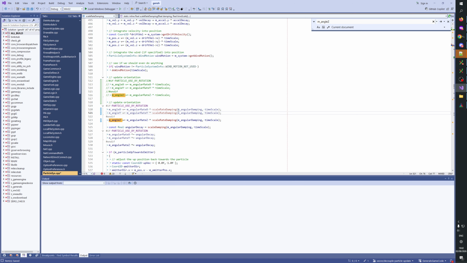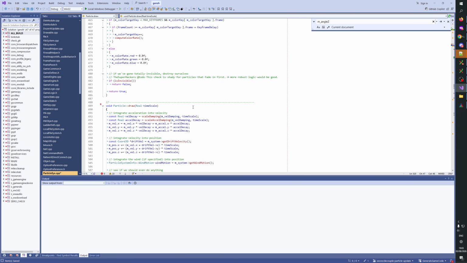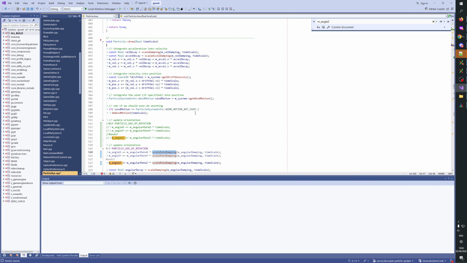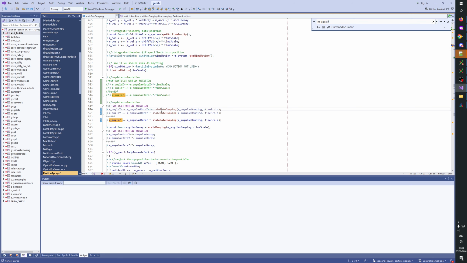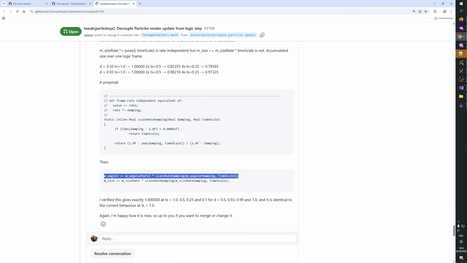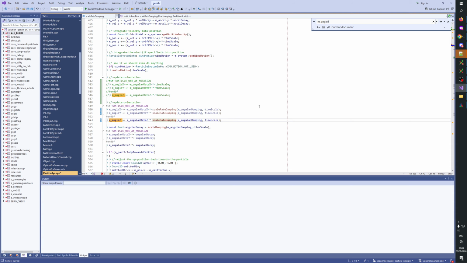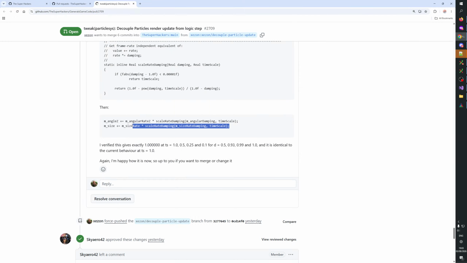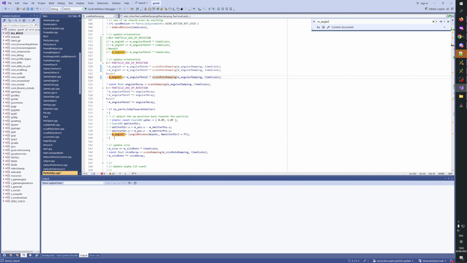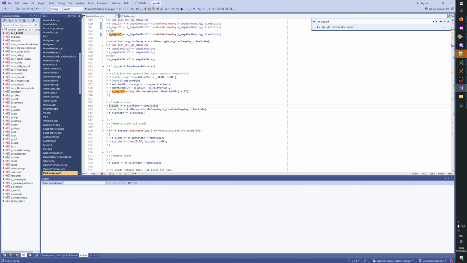Angular damping. Okay, so we have that, and then we also want angular damping. Yeah, and then this. Size plus equal that. Okay, let's see. This one, yeah?